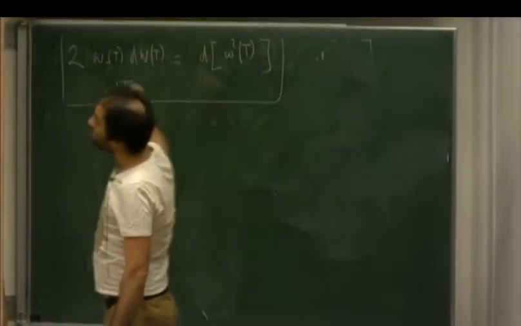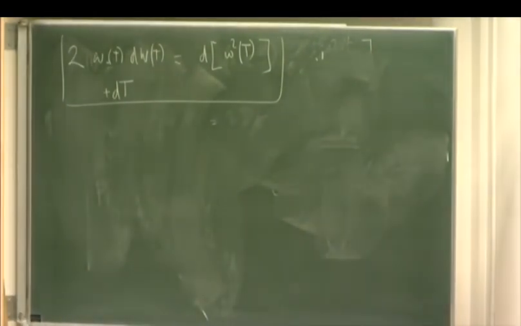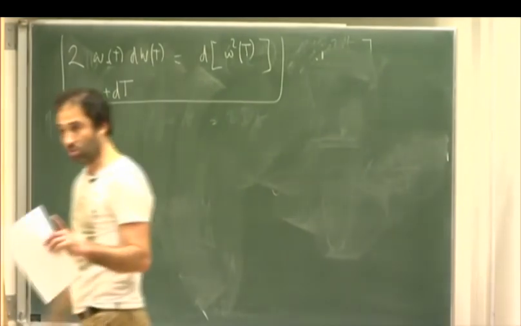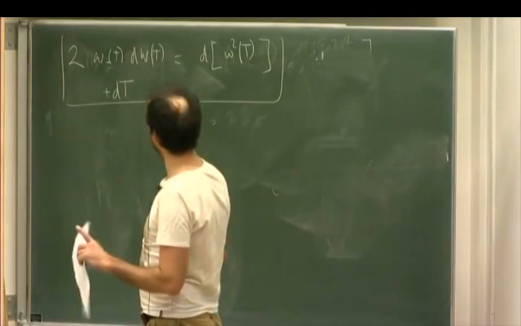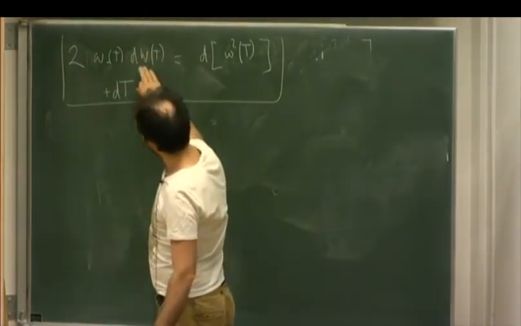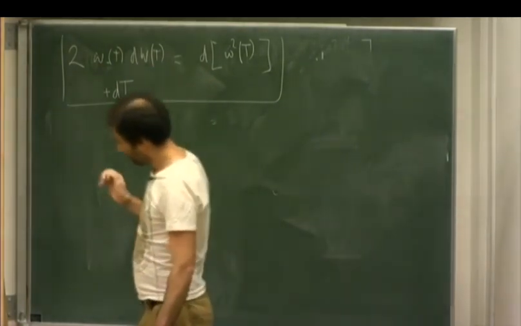And now this is exactly what we didn't know how to calculate here. You remember we said this, and now this is not the classical term, which is 2 omega d omega. This is 2 omega d omega plus dt. Okay?